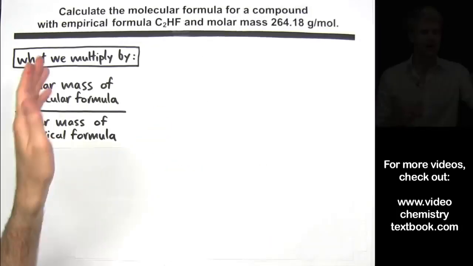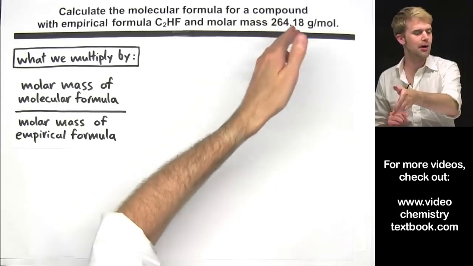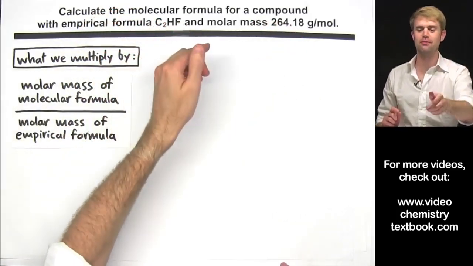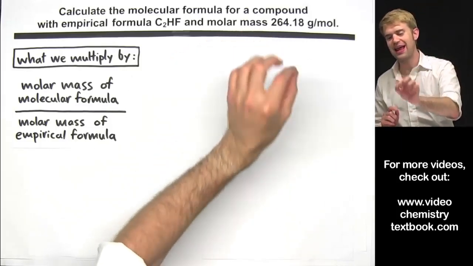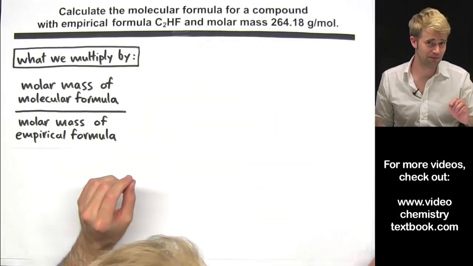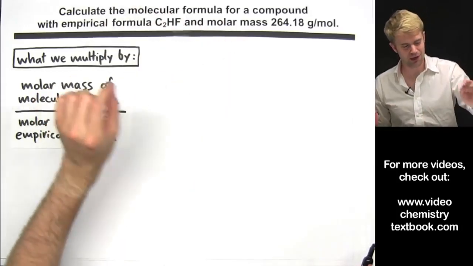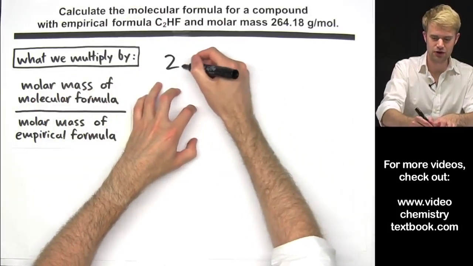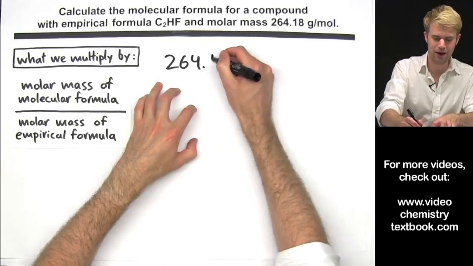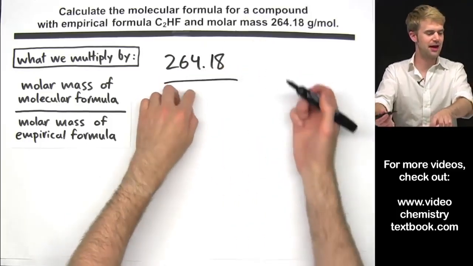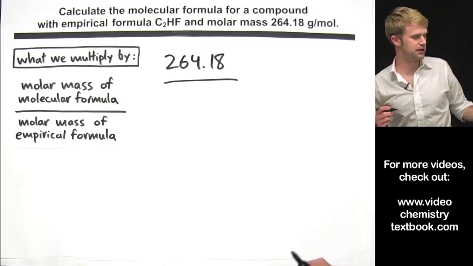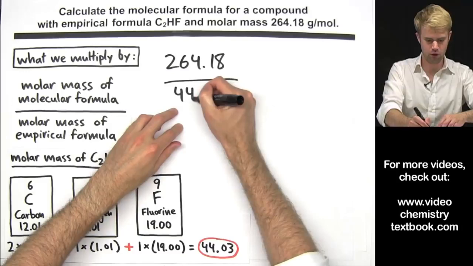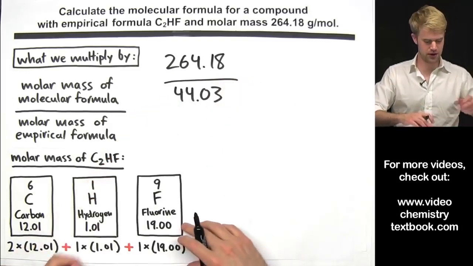One more example. Calculate the molecular formula for a compound with the empirical formula C2H5 and molar mass 264.18 grams per mole. To find the number that we need to multiply this empirical formula by, we'll take the molar mass of the compound, 264.18, divide that by the molar mass of the empirical formula, which I've calculated here, to be 44.03.